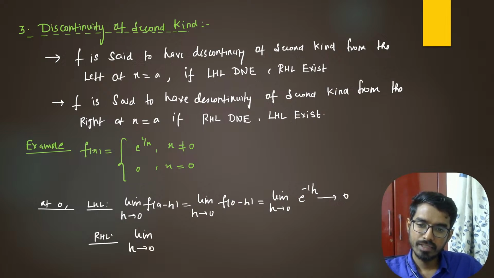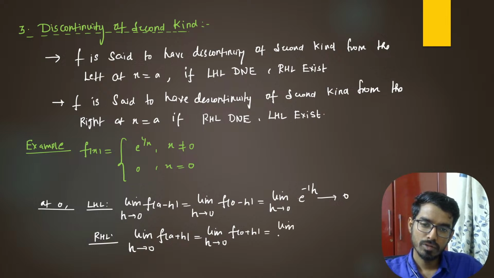Now you find RHL. Limit h tending to 0, f of a plus h. Limit h tending to 0, f of 0 plus h. So limit h tending to 0, f of h. So limit h tending to 0, e power 1 by h. This will tend to e power infinity. This will tend to infinity. So this does not exist.